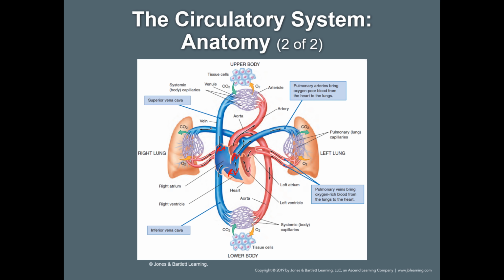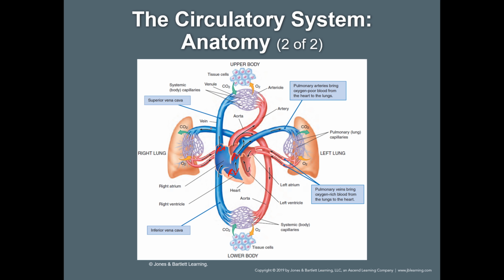We have a high concentration of CO2, so it's going to come out here and go into the alveoli. And then we have a high number of oxygen that's going to diffuse in.